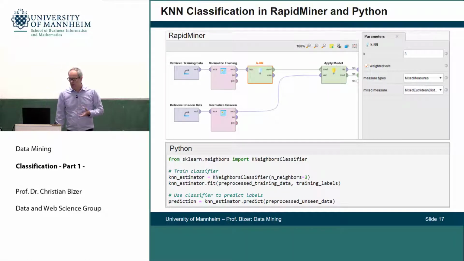Similar in Python, we have a KNN classifier where n_neighbors is the hyperparameter for setting the number of neighbors. We fit the estimator to some training data and labels using the fit function, and we can use it for predicting labels using the predict function afterwards.